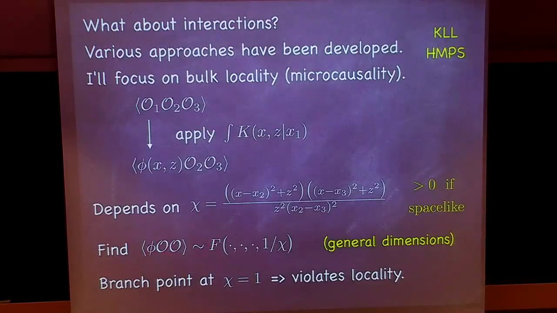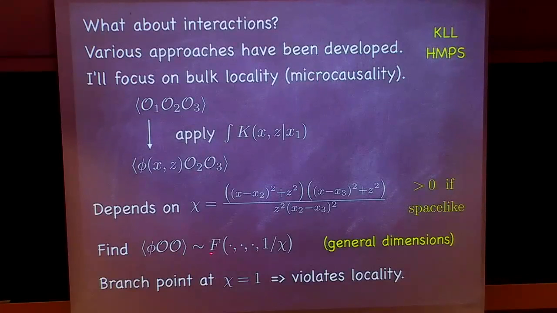So you get this expression from doing the smearing integral, and you might think that something should go wrong here, because by construction, K satisfies a free wave equation in the bulk. So this correlator is going to satisfy a free wave equation, but this is an interacting theory, so we shouldn't have things that satisfy free wave equations. So something must go wrong here. And indeed it does.